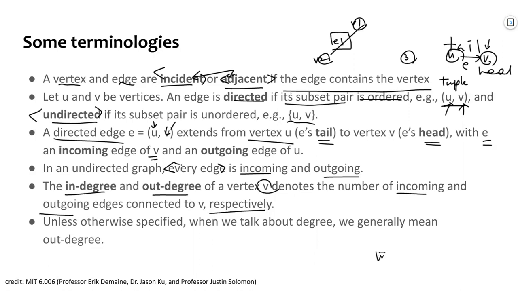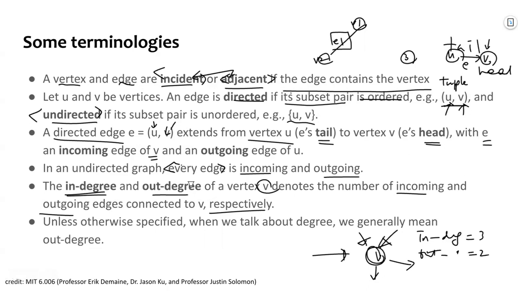So as you can see here, let's say this is the vertex V, and there are 3 edges coming towards this node, and there are 2 edges coming out of this V. Then we say the incoming degree, or in degree, is 3 because there are 3 edges pointing to this V. And the out degree is going to be 2 because there are 2 edges going out from this vertex V.